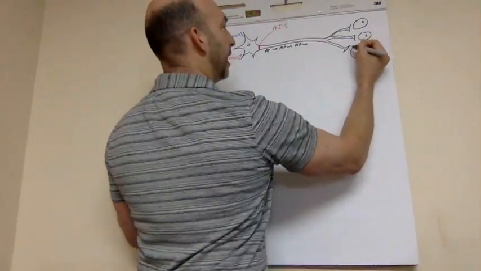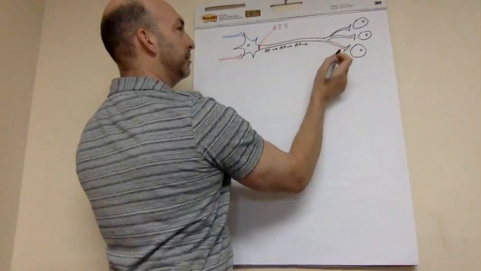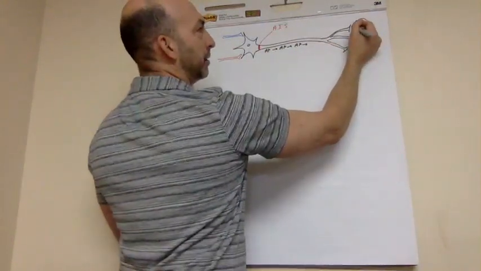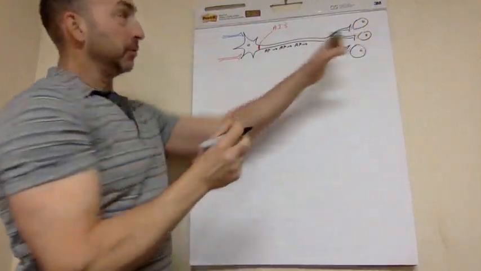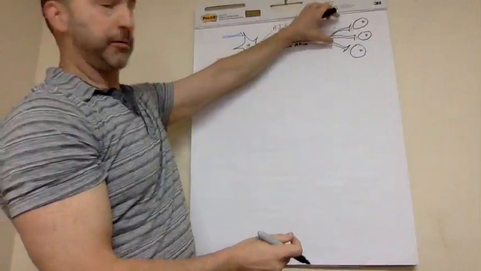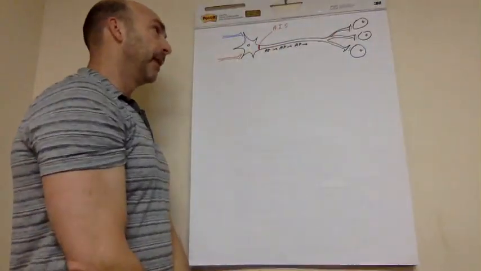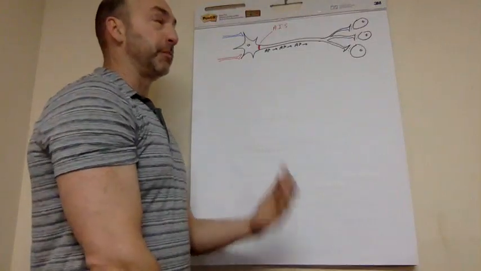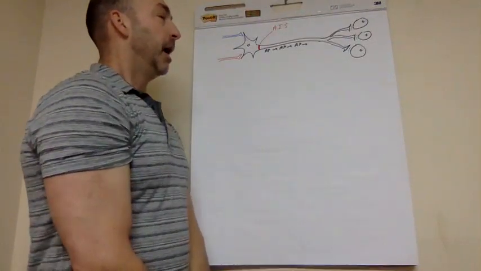If we're getting action potentials along this axon and telodendria, then we would get neurotransmitter release at all of these target cells. It could be a single target cell receiving all three of these inputs, or 73 of these inputs, however many it would be. But oftentimes it is a group of cells, not a single cell.